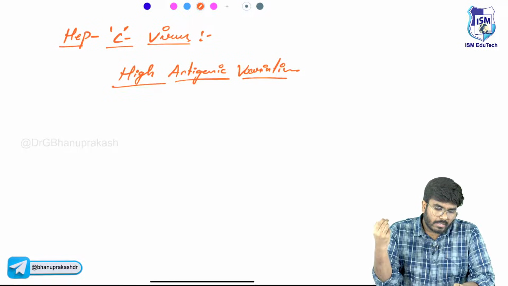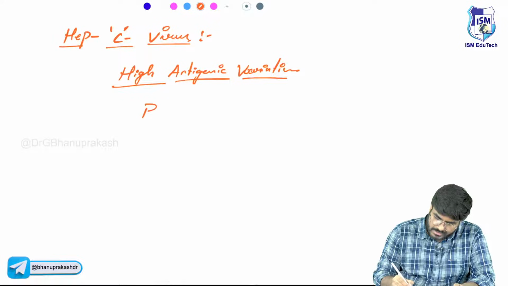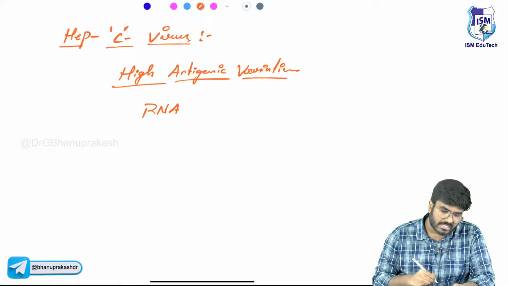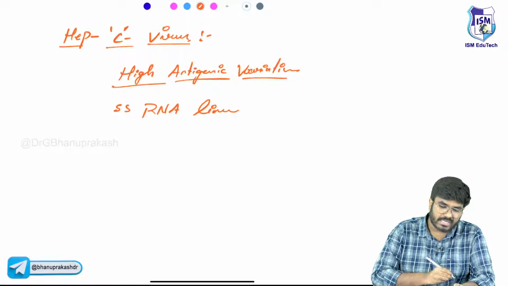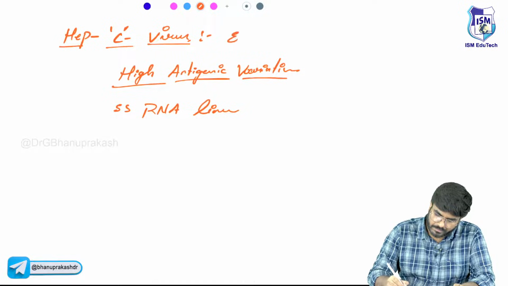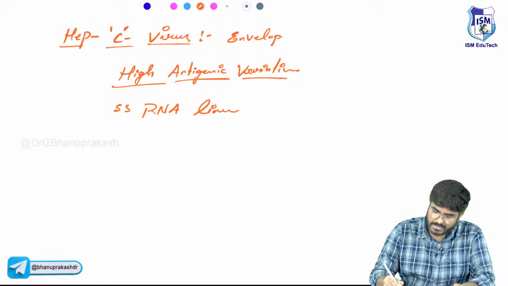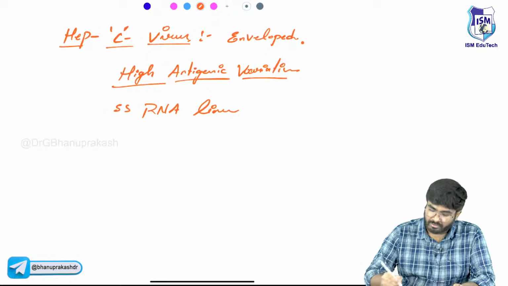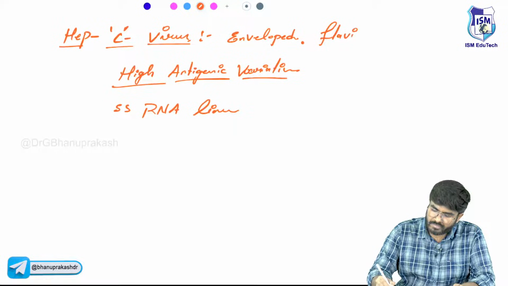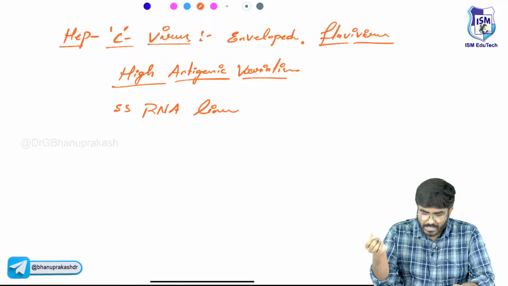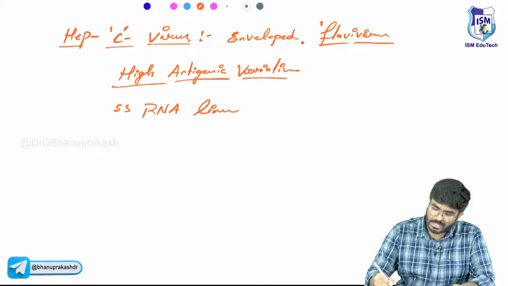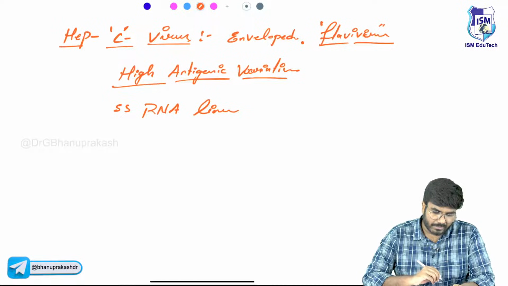Now, an important point about hepatitis C is that it is also an RNA virus. It's a single-stranded linear RNA virus. It is also enveloped, belonging to the flavivirus family. Hepatitis B is a Hepadna virus, while hepatitis C is a flavivirus, always changing.